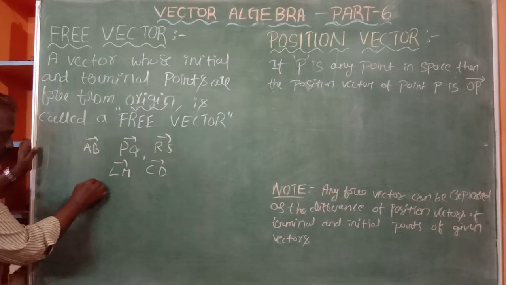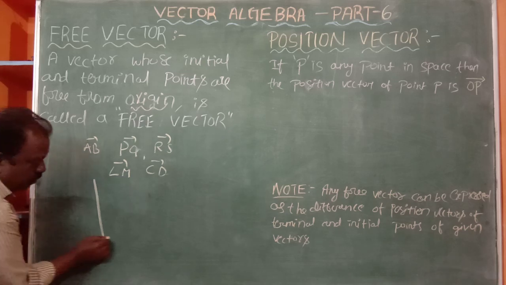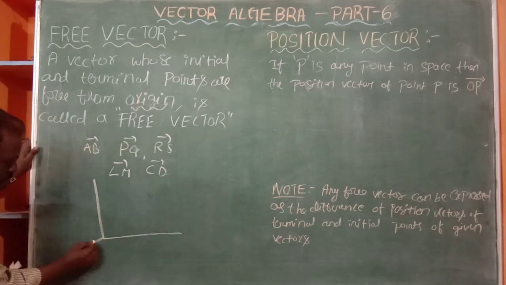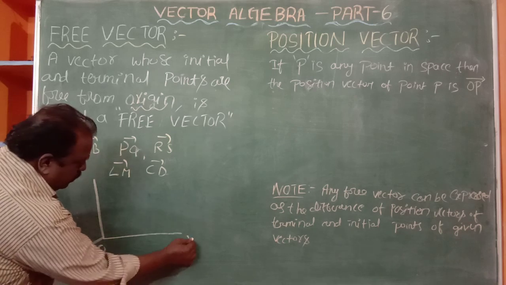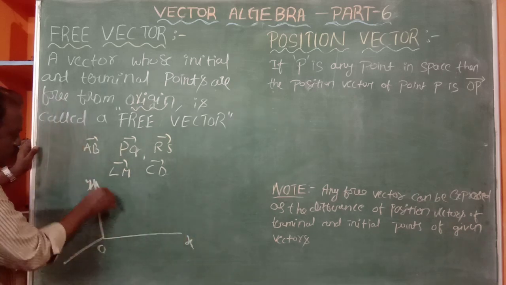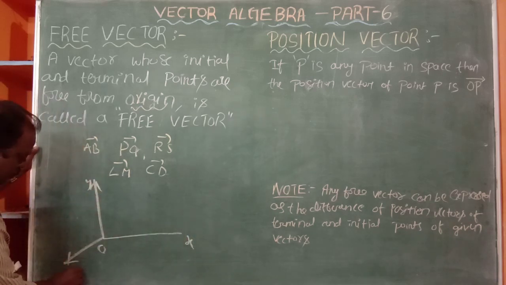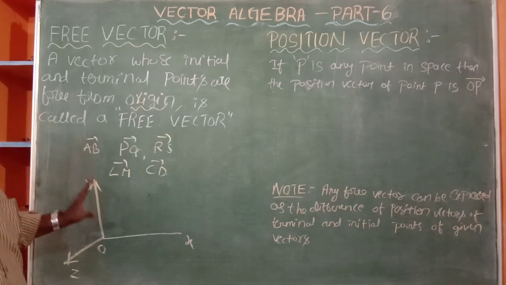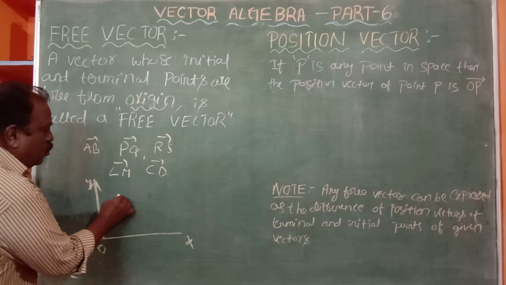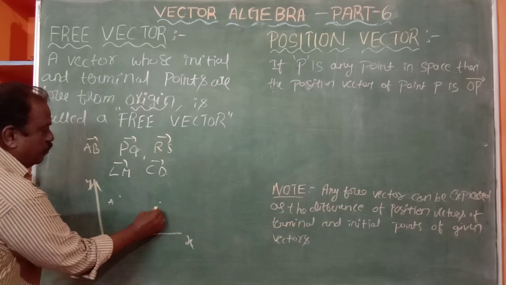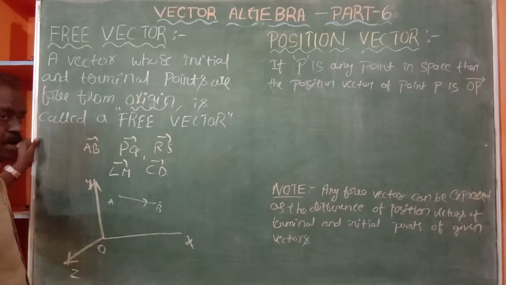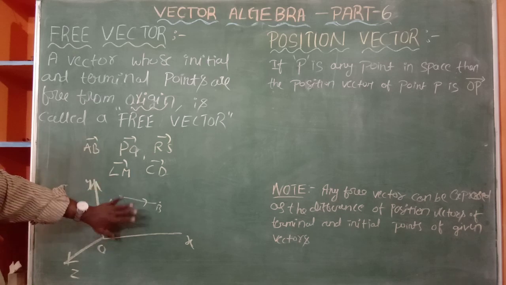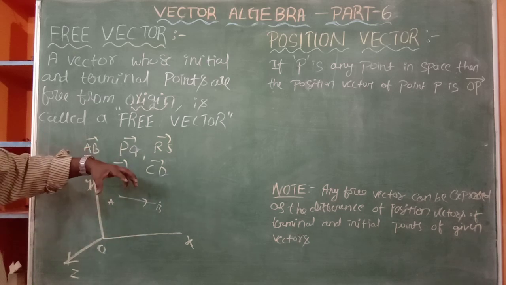For example, it is the origin, it is the x-axis and it is the y-axis. You assume it is the z-axis. Like this, in this space, there may be two points A and B. Then AB bar is not on the xy plane; it is in the space.